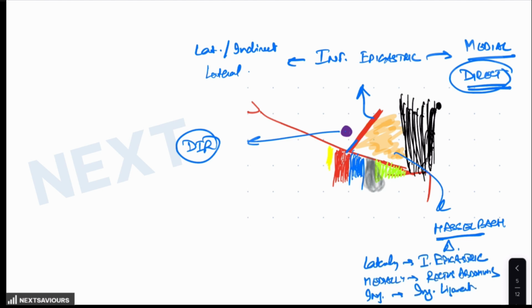And this Hesselbach's triangle is the area where direct inguinal hernia occurs. Okay. So this is again a very important thing which you need to remember.